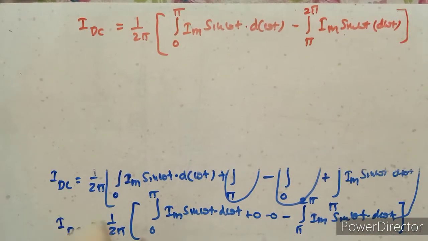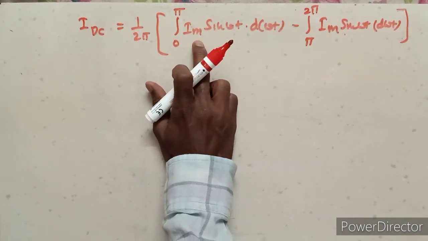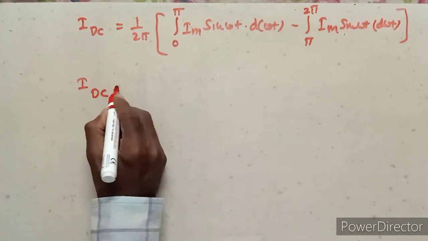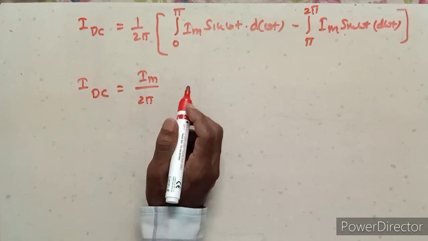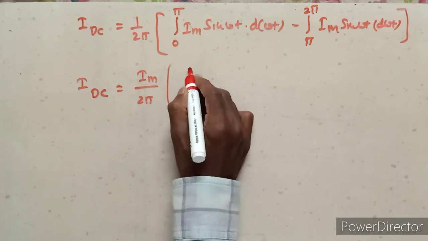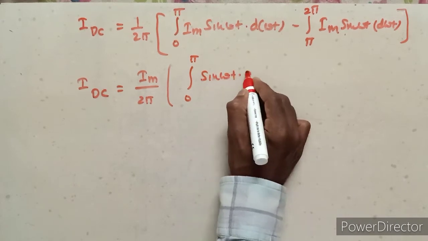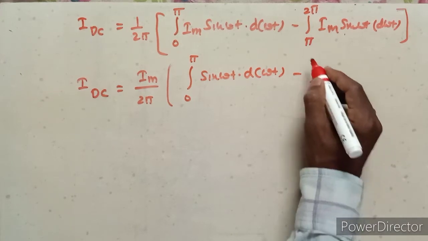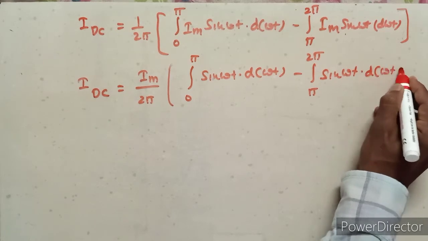Okay, so Im is the constant value. Here Im is the constant value, so take Im common: Im upon 2 pi of integration 0 to pi of sin omega t d omega t minus integration pi to 2 pi of sin omega t d omega t.